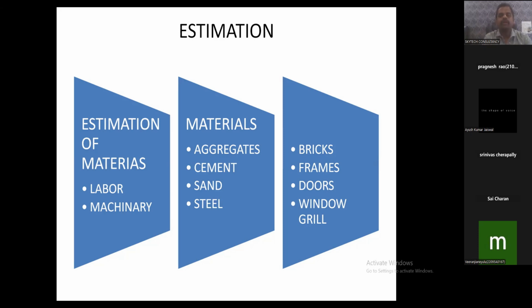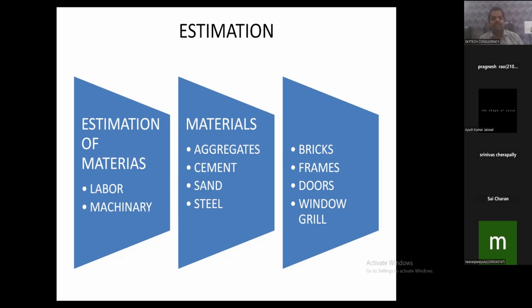Different grades will have different prices. Next, sand. In some places we are going only with M sand, P sand, and all. And in some cities, we are using only natural sand, which is very difficult to obtain these days. Next, the steel.